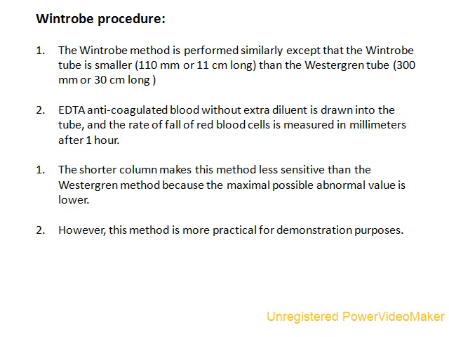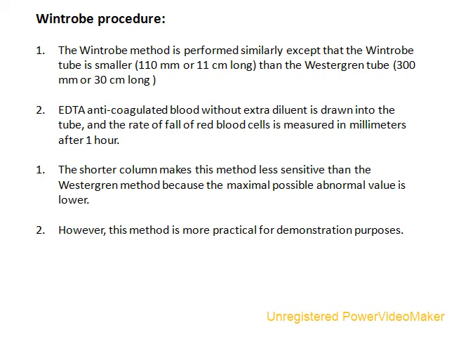The procedure for carrying out the Wintrobe method is similar to that of the Westergren method, the difference being the size of the tube. The Wintrobe tube is much smaller compared to the Westergren tube. The Westergren tube is around 3 times longer than the Wintrobe tube.